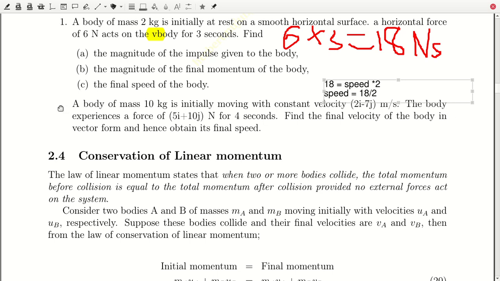The body experiences a force of this for 4 seconds. Find the final velocity in vector form, and hence its final speed.